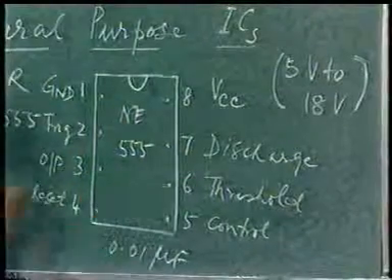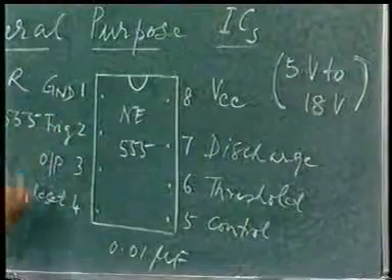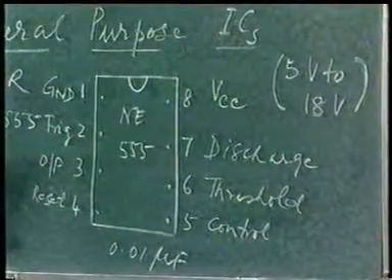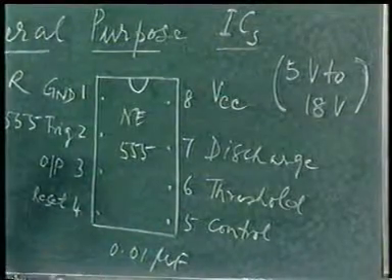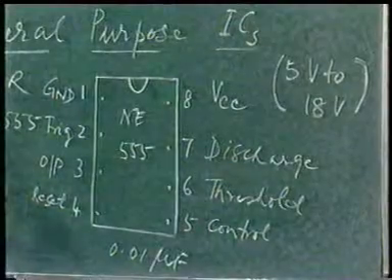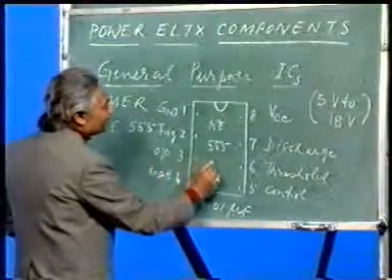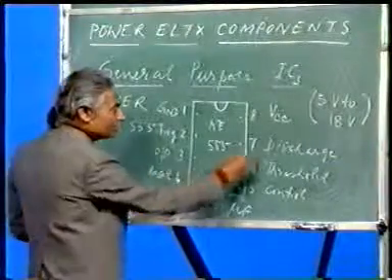What is threshold? To have the proper status of the device so that it works properly, we have a defined voltage called the threshold voltage, and that is compared with a higher voltage. When that comparison is minimum, then we say that the IC is healthy and it is going to function properly. Now what is discharge?